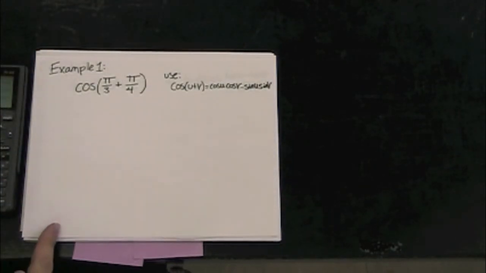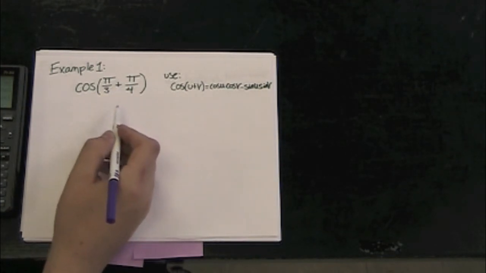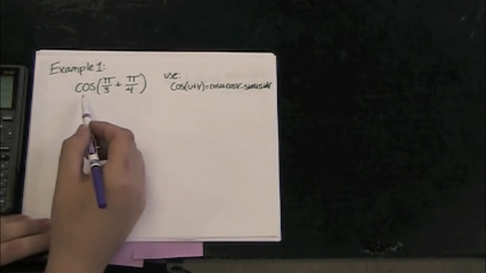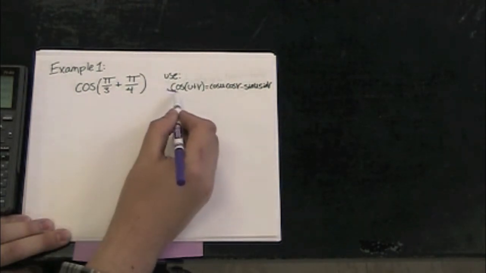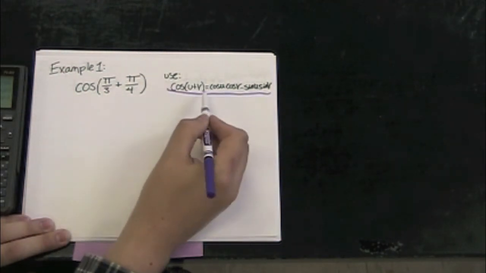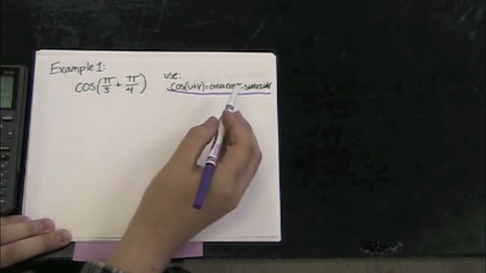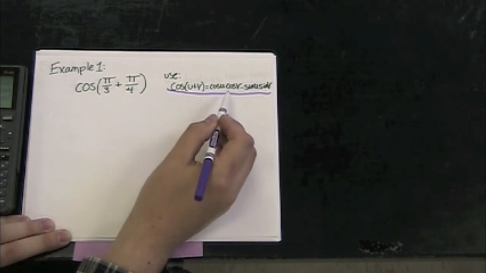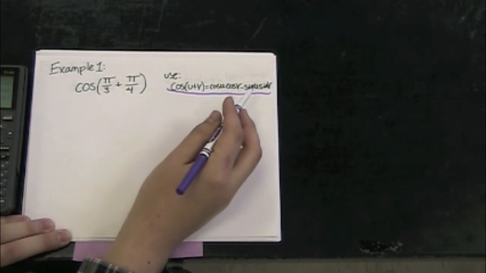Let's try another example. If I were interested in finding the cosine of the angle that is pi over 3 radians plus pi over 4 radians, I'm going to need to use the sum of two angles cosine formula, which I've listed off to the right. That's going to be cosine of the sum of two angles u and v is equal to cosine of u times cosine of v minus sine of u times sine of v.